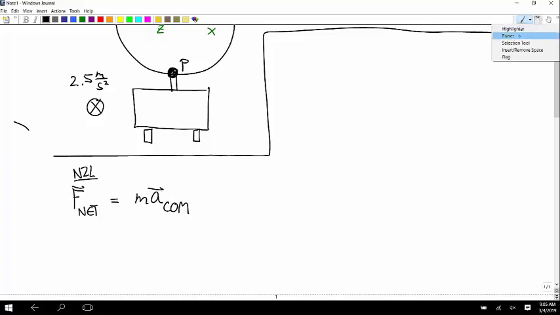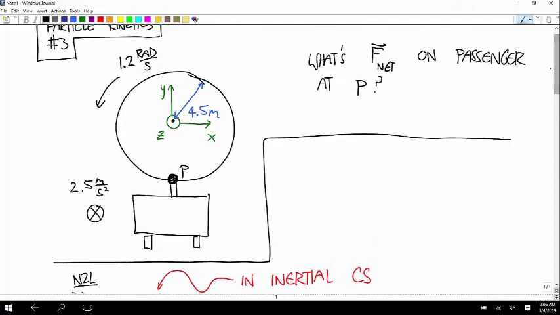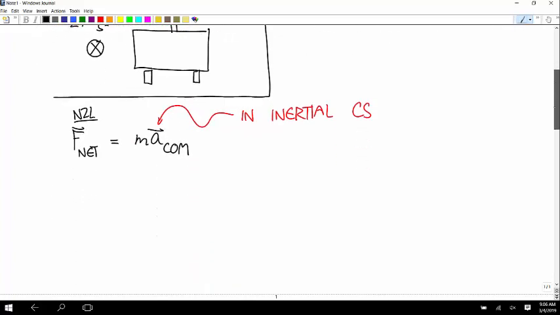And this acceleration has to be in an inertial coordinate system. If our coordinate system is moving with the train car, then its origin is accelerating, and that's not inertial. So we can't do that. We need to use relative motion.